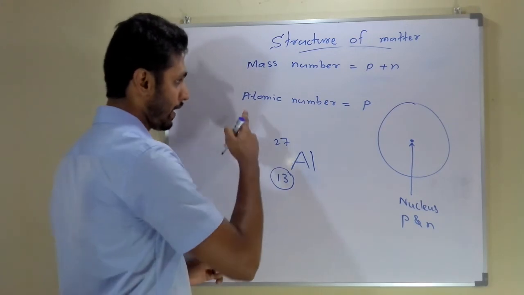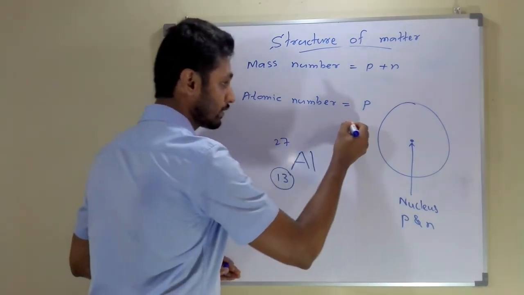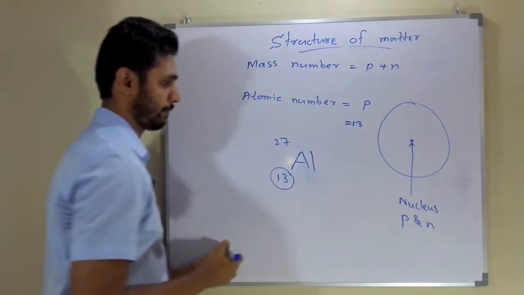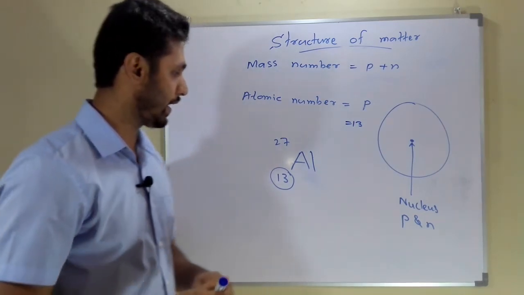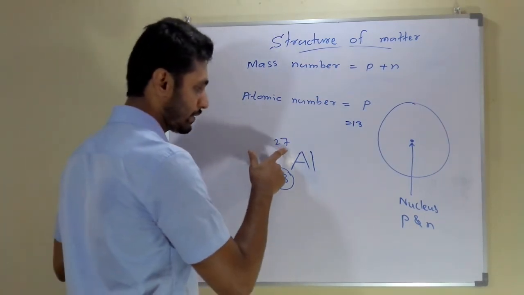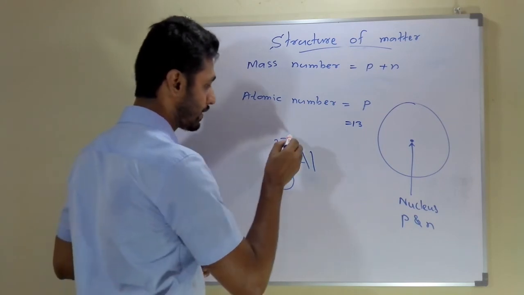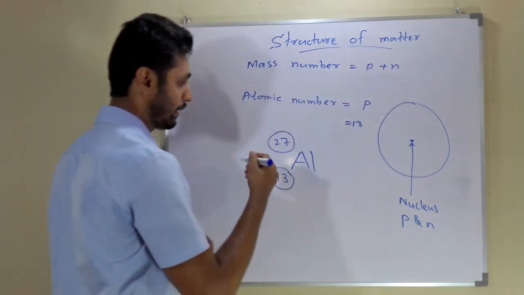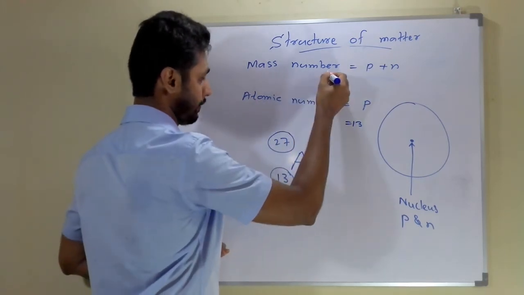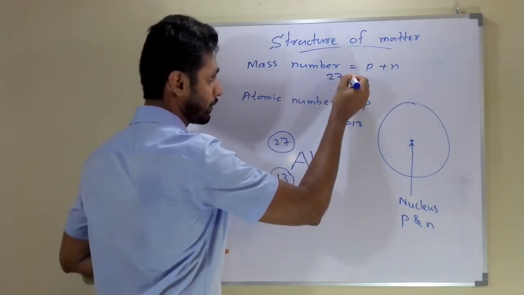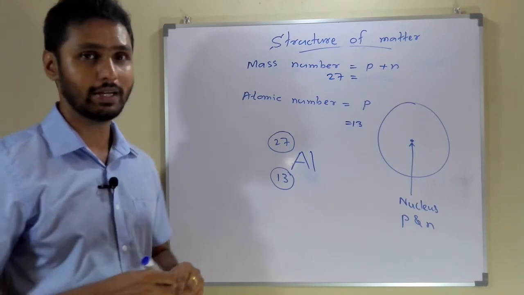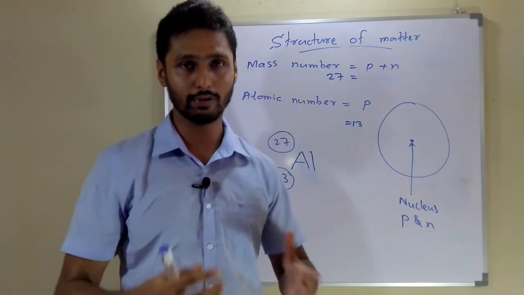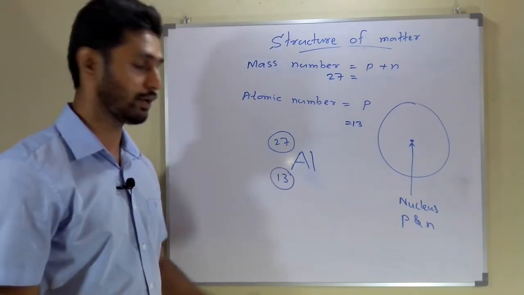That means aluminium has 13 protons. Okay, and this is the mass number. This mass number indicates the number of protons and number of neutrons. So aluminium has 27 mass number.